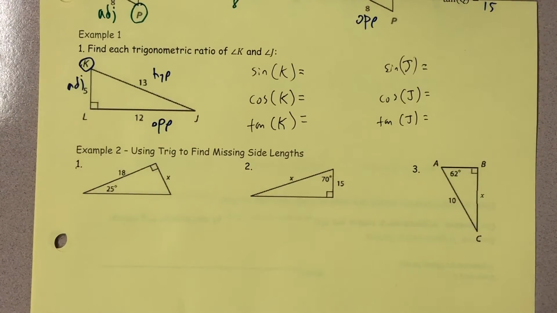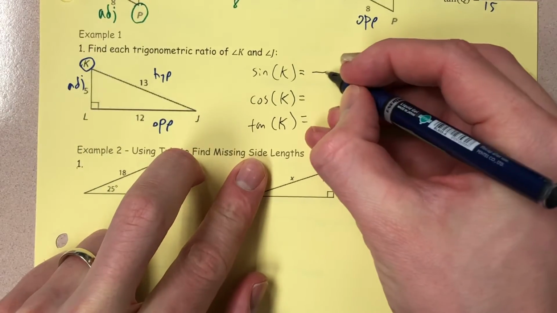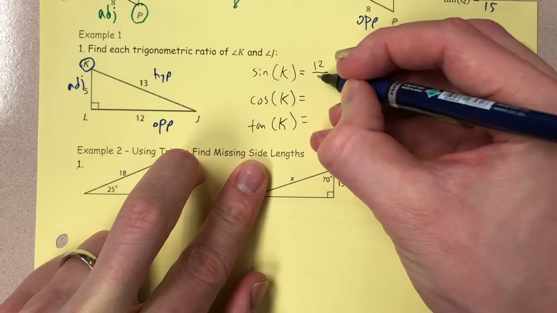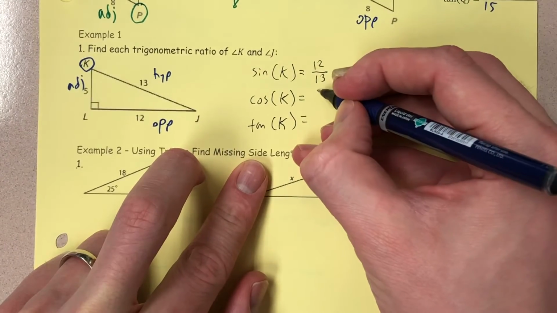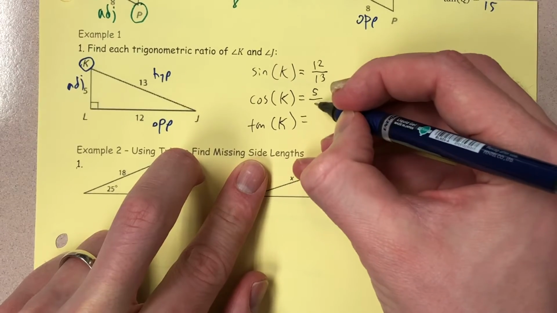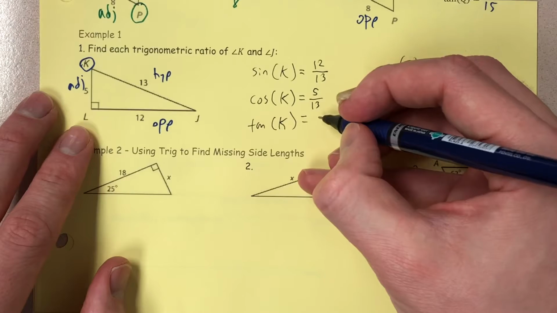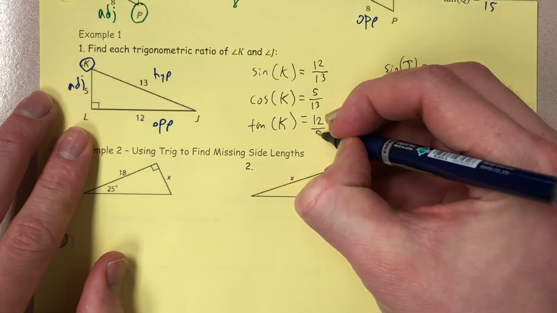So we can label our ratios here using this. So sine of K will be opposite over hypotenuse, so that would be 12 over 13. Cosine of K would be adjacent over hypotenuse, so 5 over 13. And tangent of K will be opposite, so 12 over adjacent, which is 5.